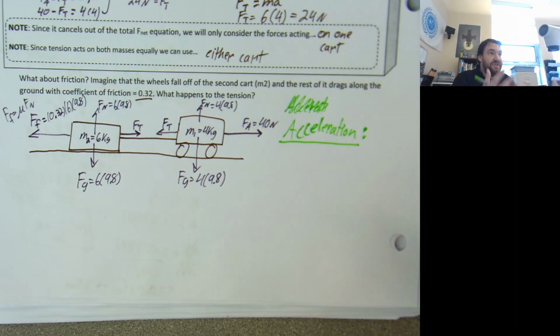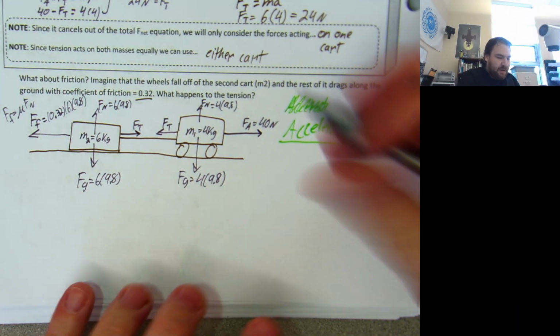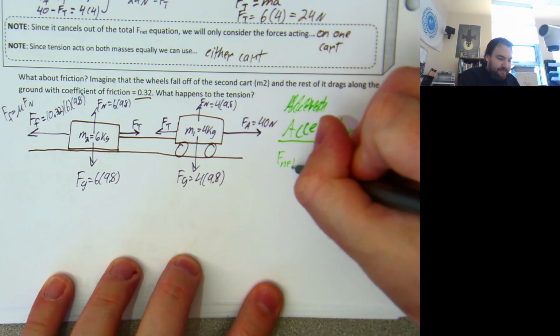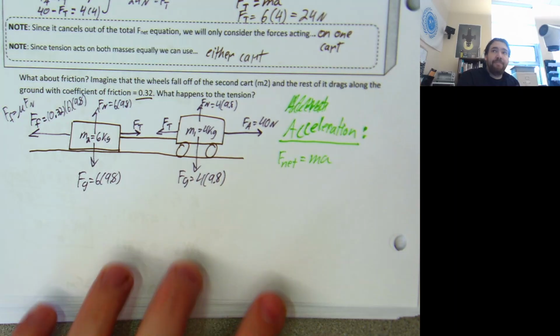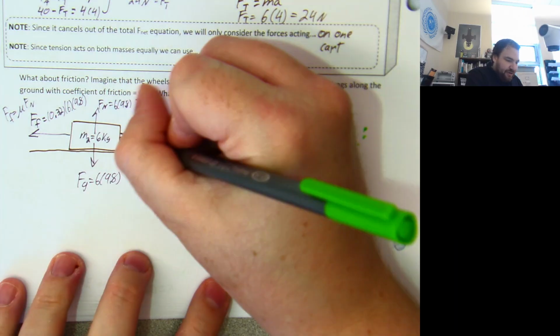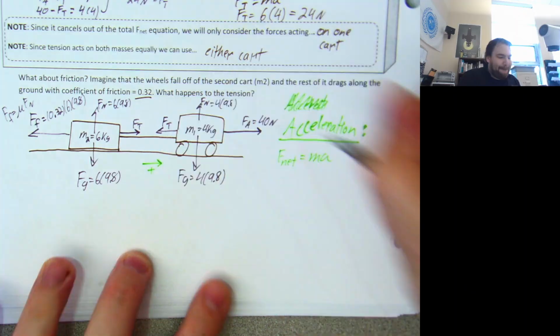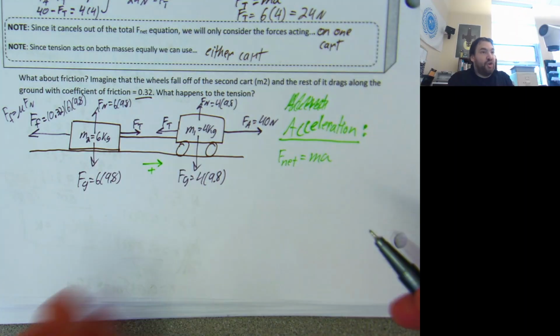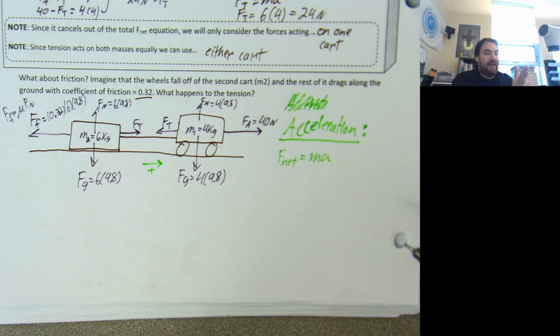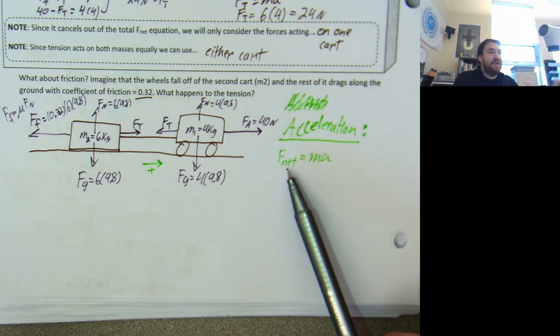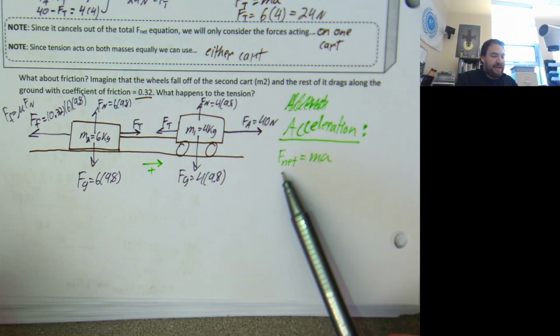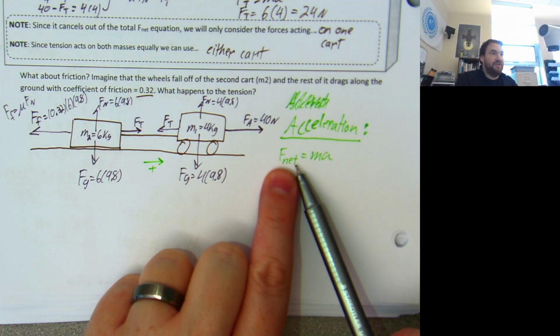It accelerates as one system, so we're going to treat it as a system. Starts with F net equals ma. We're going to still call to the right positive. We're going to start on the right, we're going to move to the left, and we're just going to throw all of the forces that are acting either left or right into this F net portion of the equation.